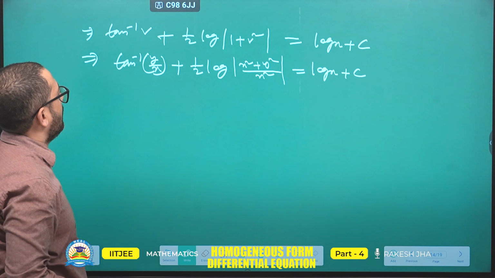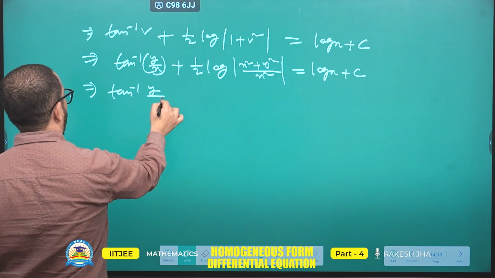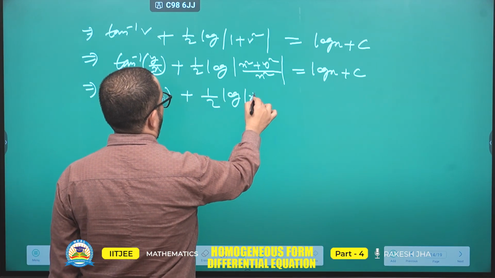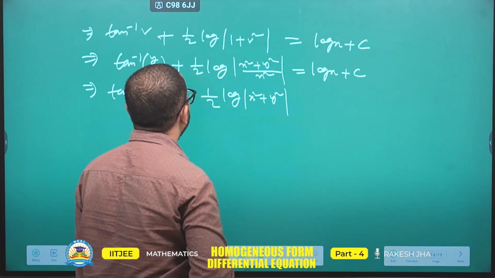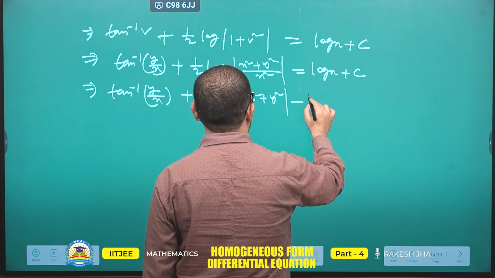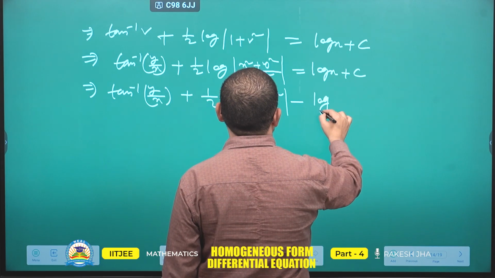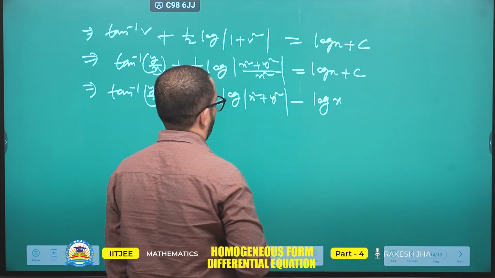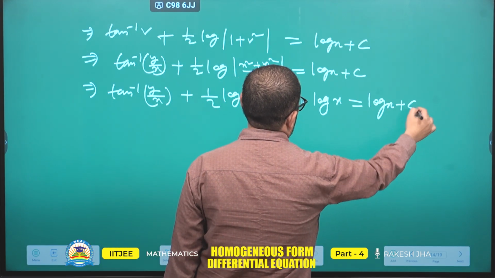Now if you open it, then it would be tan inverse y upon x plus half times log of x square plus y square, then minus half log x square, which is literally 2 log x, is equal to log x plus c.